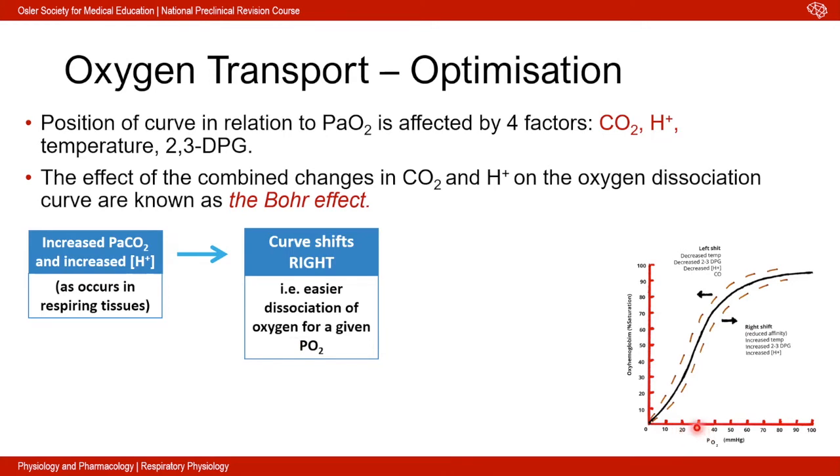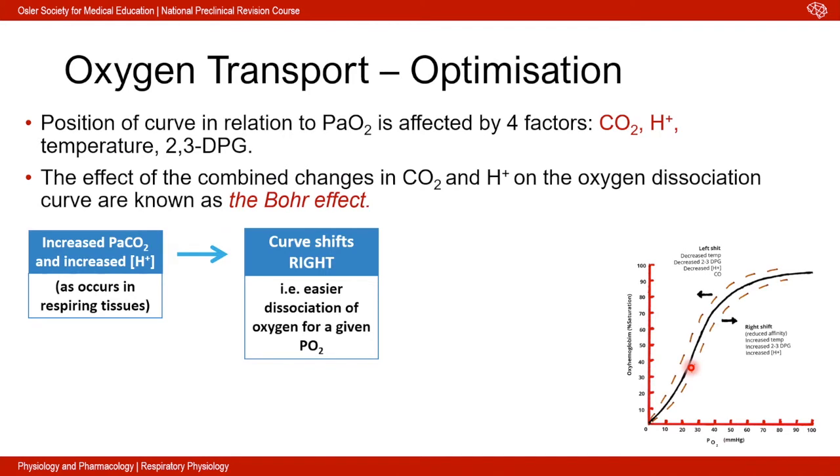And looking at this graph, we can understand that by looking at our 50% hemoglobin saturation goes here, and looking down, we've got 30% PO2. But then if we look at our rightward shift, when there's more CO2 and more hydrogen, we've got a lower oxygenation. We've got 40%.